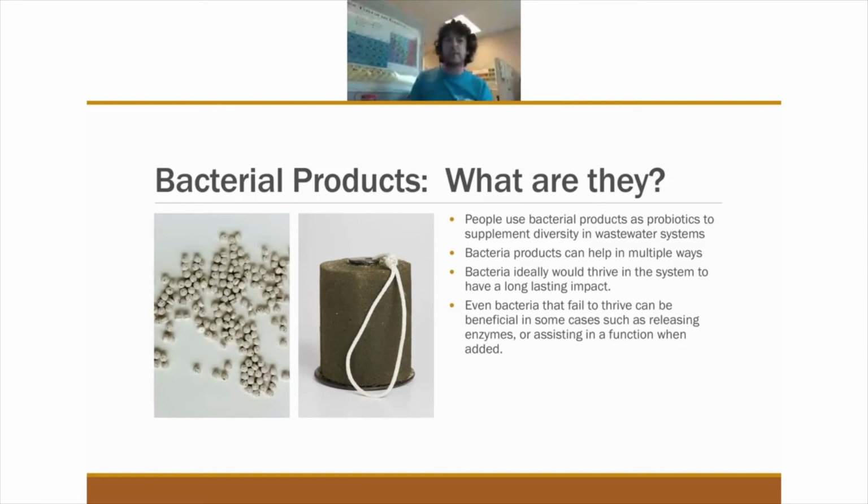But generally speaking, a bacterial product is added to supplement a system to fulfill a certain role more efficiently. The cleanest example would be adding nitrifiers. If you add nitrifiers to a system, you probably just had an upset of some kind which messed up nitrification in your system. Nitrifiers are relatively slow growers, so it'll take them a little while to come back.